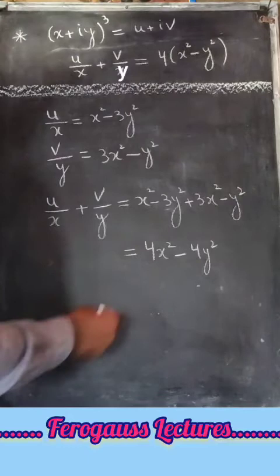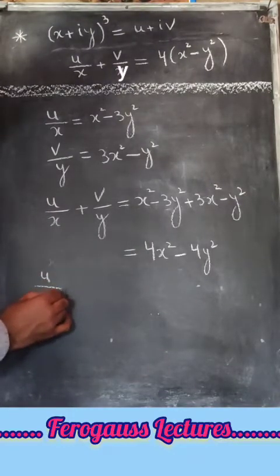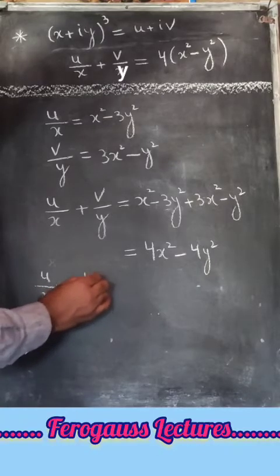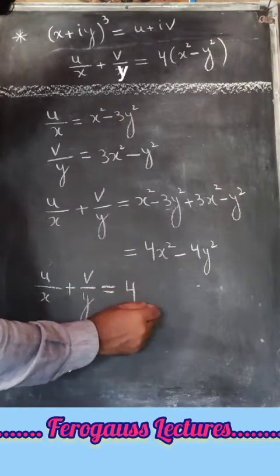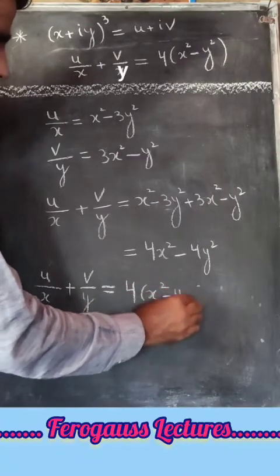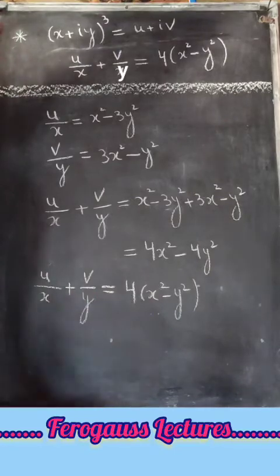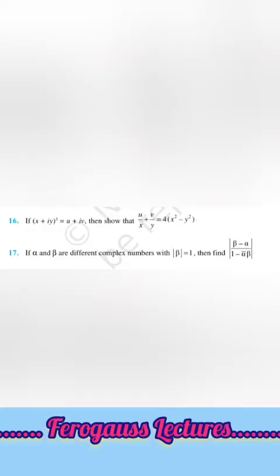Now we can take 4 common, so we get u by x plus v by y is equal to 4 times x square minus y square. That proves the result.